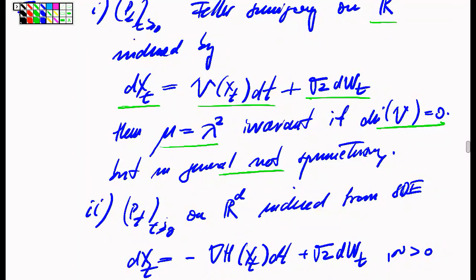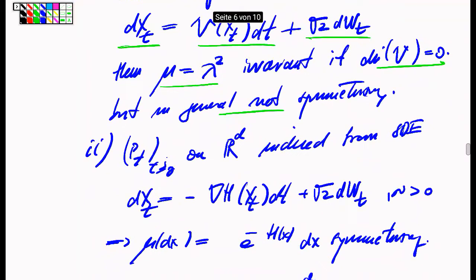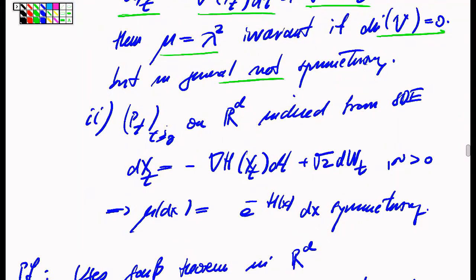In general, I claim that this measure, the flat Lebesgue measure, is not a symmetrizing measure for this semigroup. And the second class of examples I want to discuss are these gradient drift diffusion processes, which are the most popular ones in modeling and all other kinds of situations. Well, kind of.